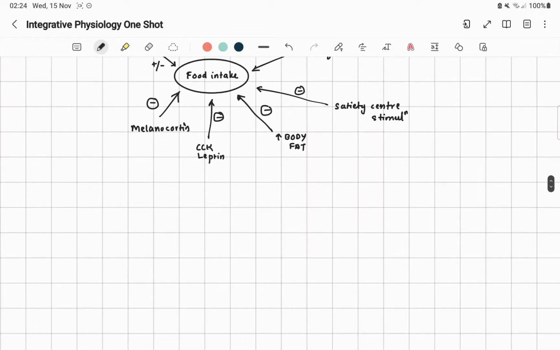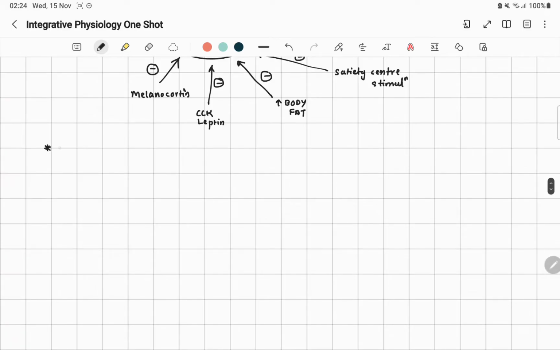What is the role of adipocytes in health and disease? Adipocytes have an important role in energy homeostasis.